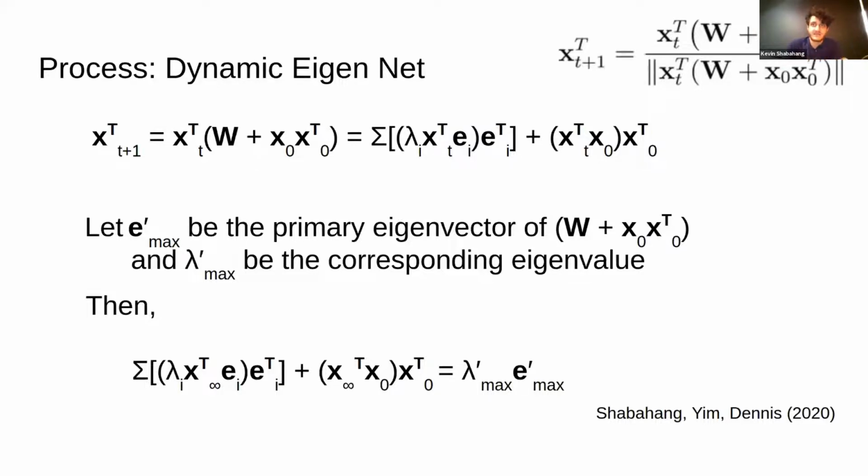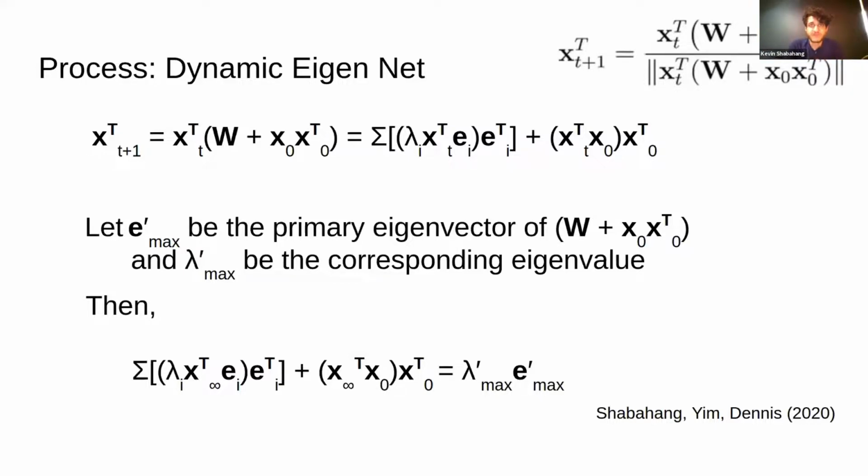X naught is essentially the original cue, and we update those cells corresponding to the original cue in the weight matrix by adding in this outer product term, X naught times X naught transpose, which has the effect of stabilizing the spreading of the activation to linger near the cue, as opposed to veering off into the distance within the semantic space.